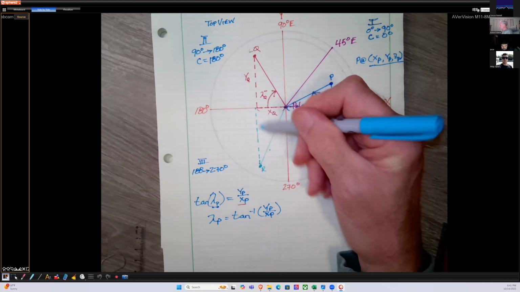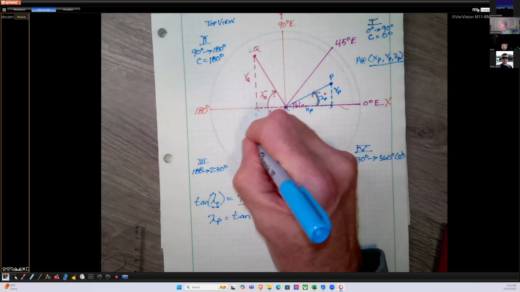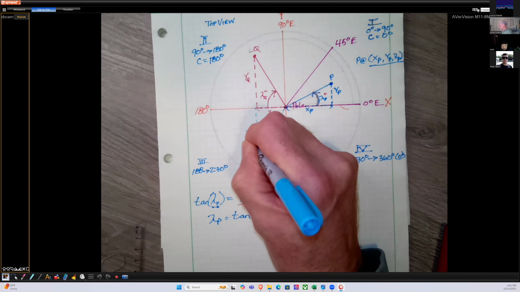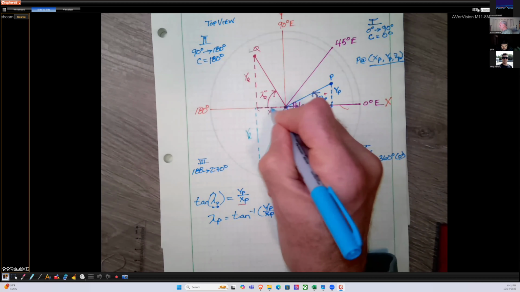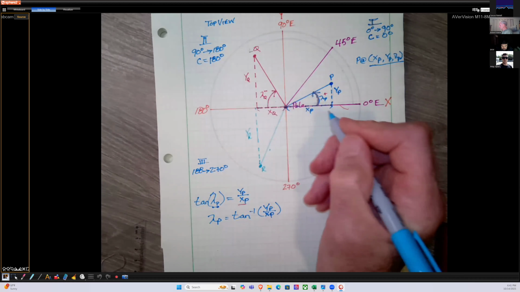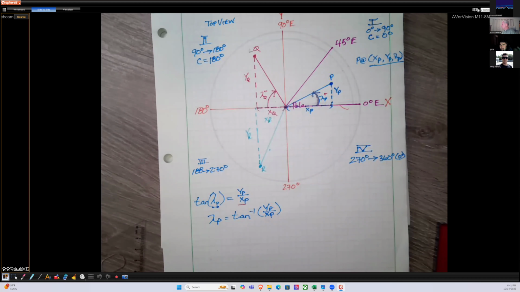The dashed line I just drew, y sub r. And what would the dashed line up here be? X sub r. And what angle is the arctangent function going to return? It's going to give you that lambda r angle.